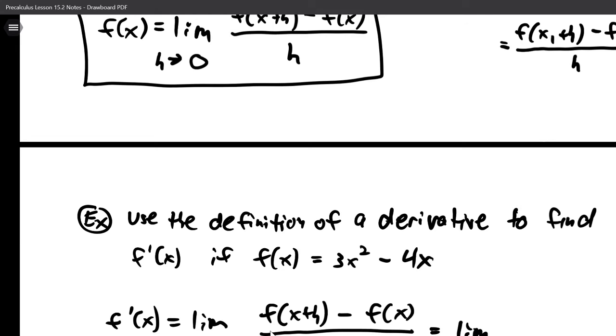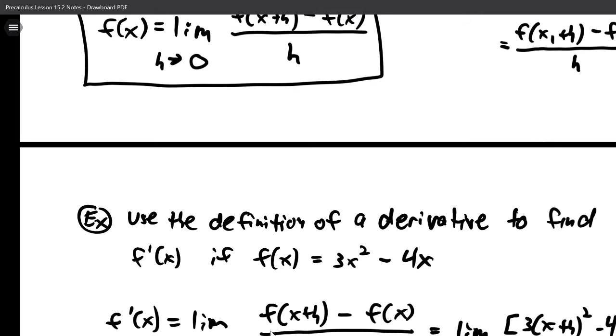So what's f of x plus h? Well, we have to take our original function and plug x plus h in for wherever there's an x. I'm going to put brackets around this whole first thing because I'm going to have parentheses inside of it. That's going to be 3 times x plus h squared minus 4 times x plus h, minus, I'm going to run out of space there.